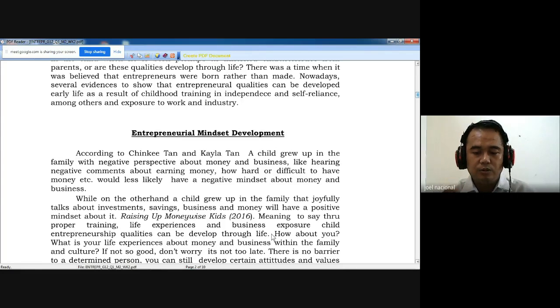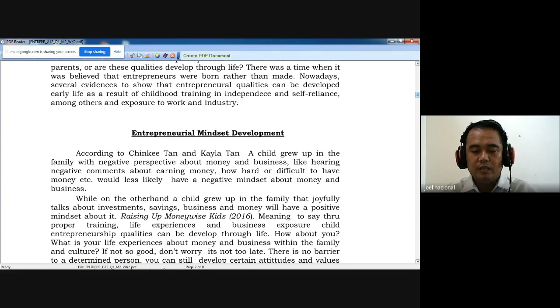How about you? What is your life experience about money and business within the family and culture? If not so good, don't worry. It's not too late. There is no barrier to a determined person.